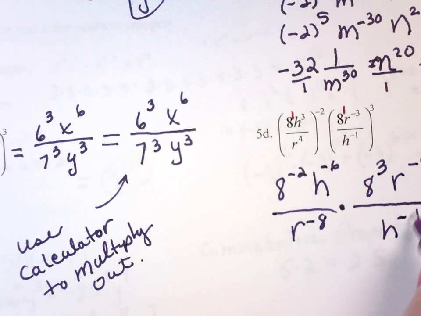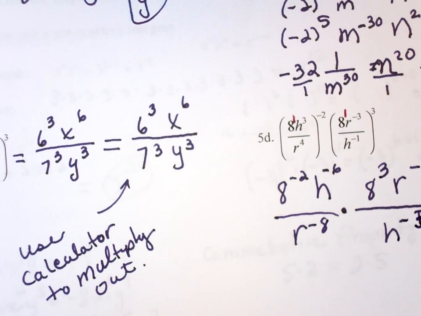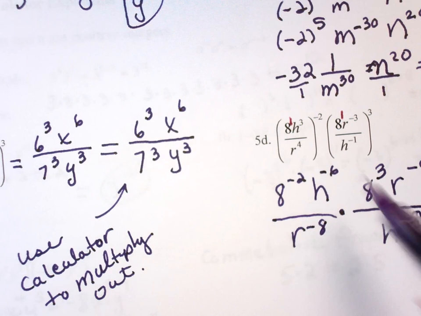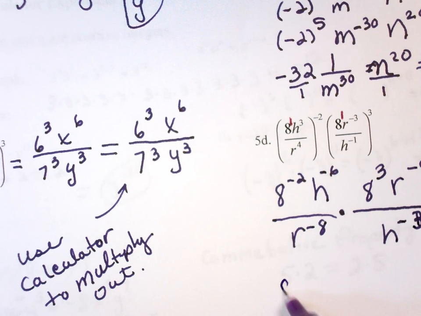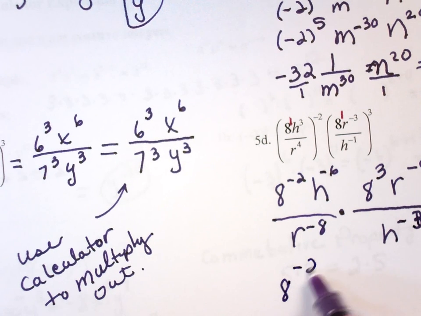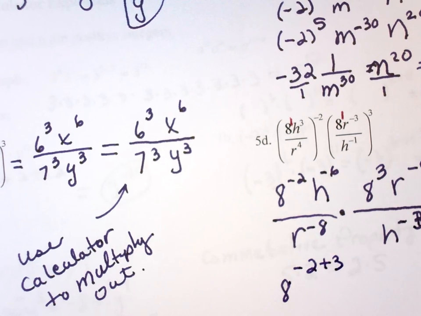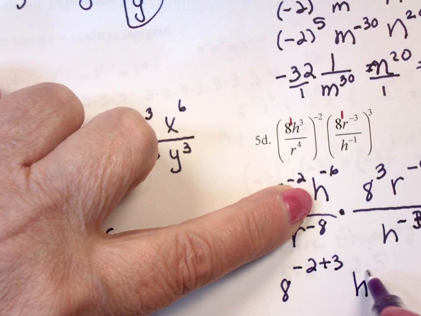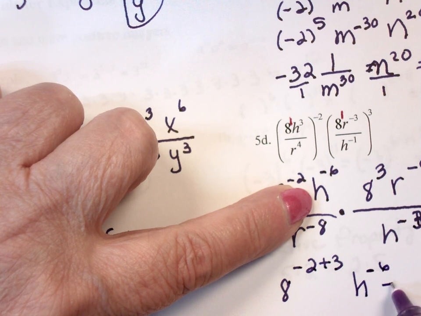Oh, 3, thank you. See, you guys are alert. Woohoo! So now what do I have? I have an 8 to the negative 2 plus 3. If the bases are the same, you add the exponents. H to the negative 6 minus a minus 3.